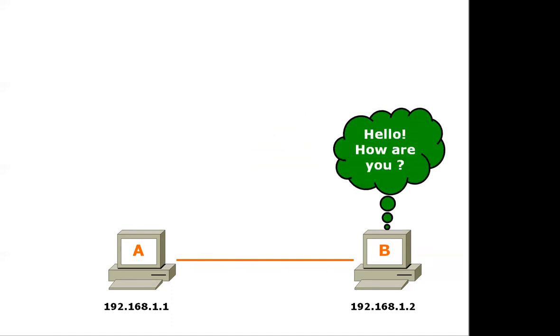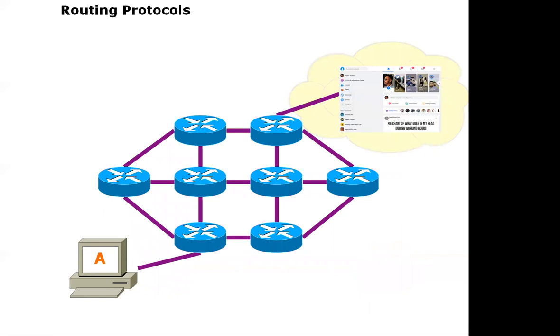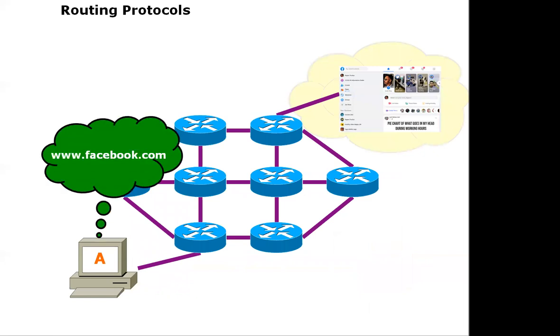So it is a very simple process. Now a routing protocol works like this: you want to access facebook.com. You are sitting in India, and the Facebook server is in the USA. So many routers are connected between India and the USA.